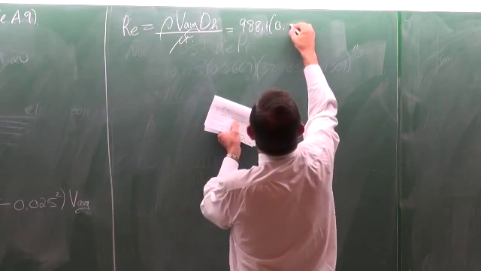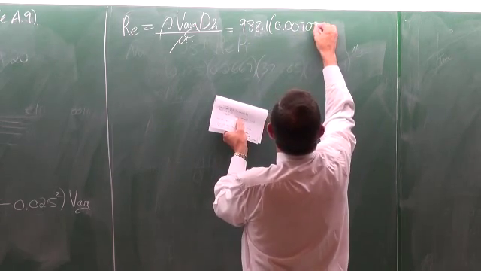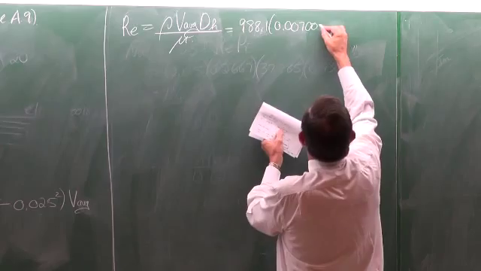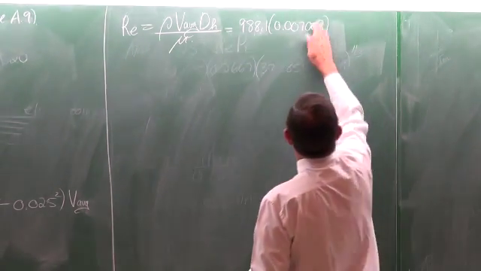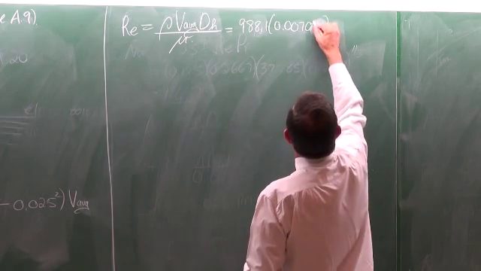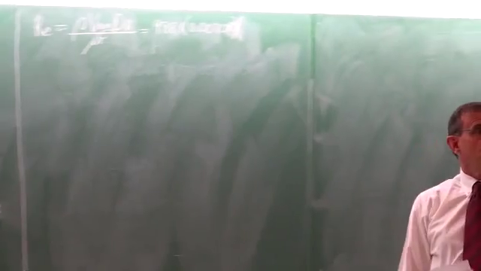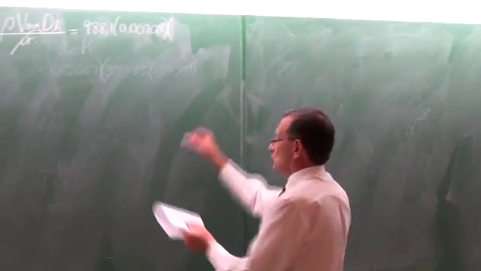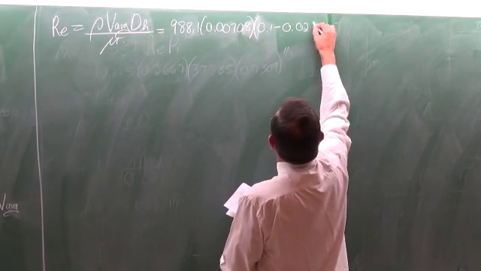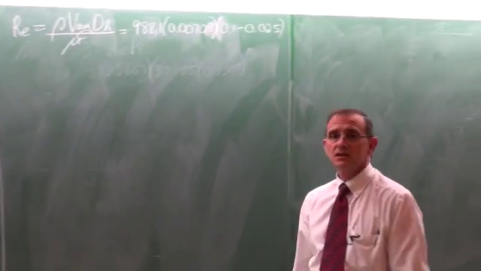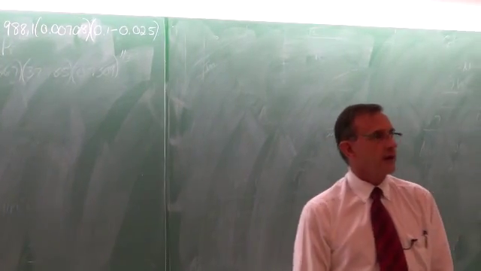The average velocity we have just now solved is equal to 0.00708, multiplied by the hydraulic diameter, which is equal to 0.1 meters minus 0.025. 100 millimeters minus 25, so it is 75 millimeters hydraulic diameter.